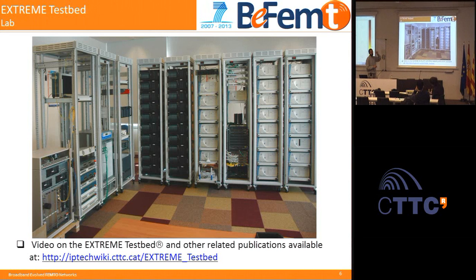So it acts as RNC, SGSN, GGSN, and it has part of the functionality of the HLR, so enough to say that we have a running 3G network here. And these are the machines. This is the central switch with which we build the topology. The yellow cables are the control ones, and this is regular networking equipment and network testing equipment.